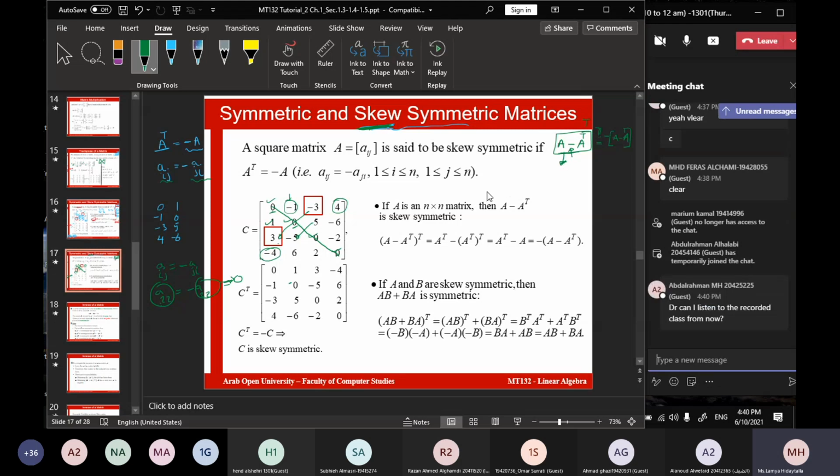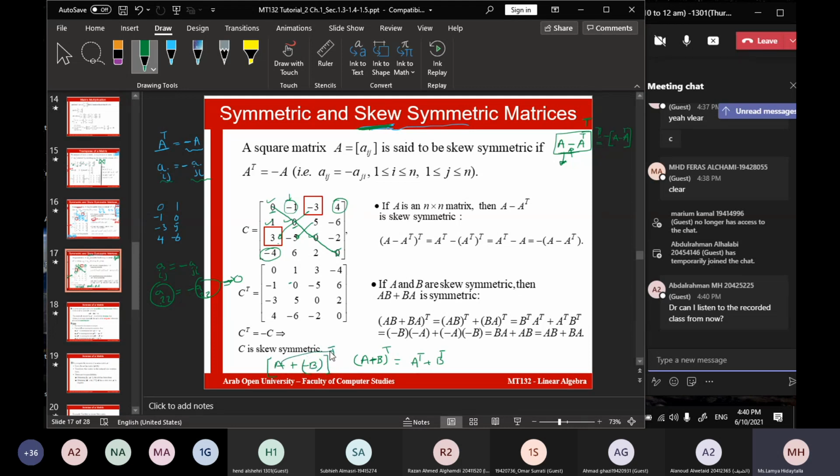Okay. Now the transpose. Actually the minus sign is like the addition. We said before that the transpose of A plus B is equal to A transpose plus B transpose, correct? What about if there is a minus sign? It is as if we have A plus minus B, correct? And then the transpose.